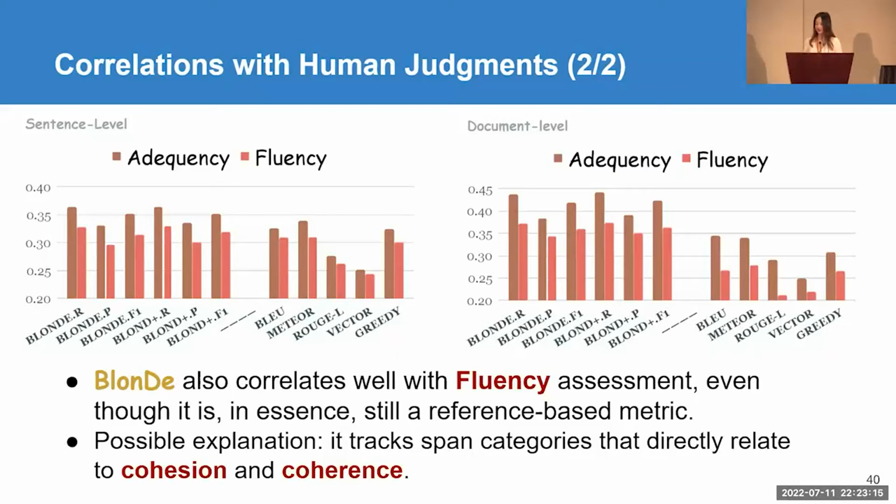Another very interesting observation is that BlonDe also correlates well with fluency assessment, even though it is in essence still a reference-based metric. One possible explanation for this unexpected positive result is that BlonDe tracks span categories that directly relate to cohesion and coherence.